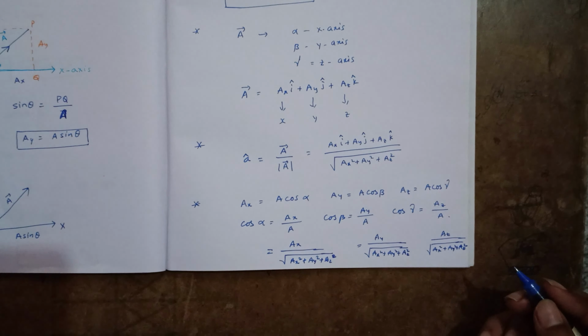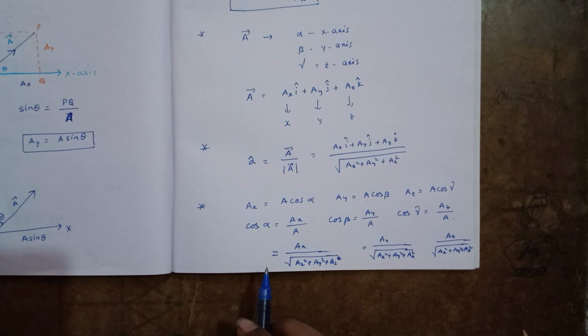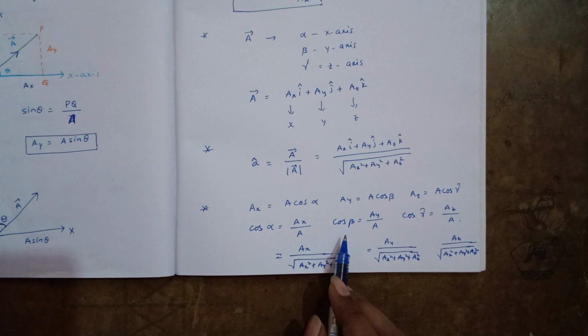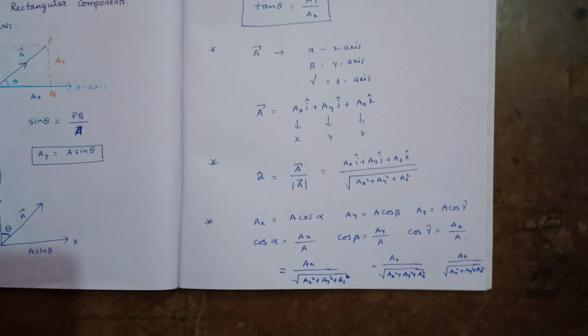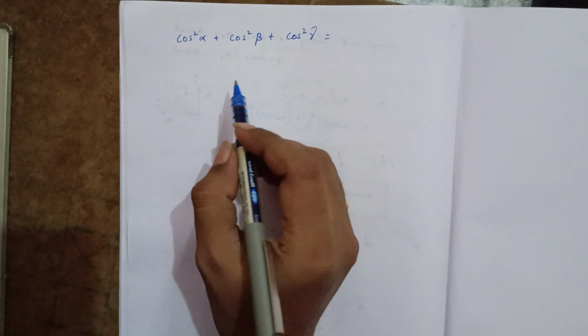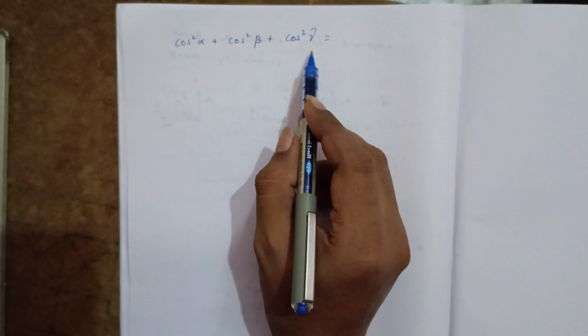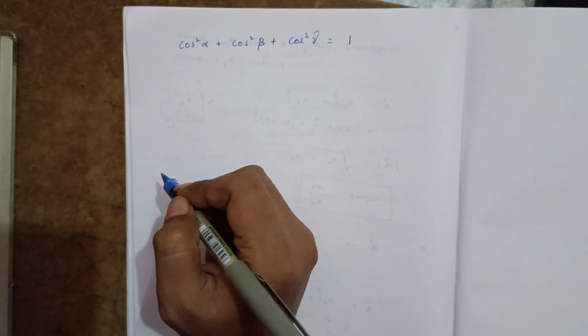Okay. Now from these cos alpha, cos beta, cos gamma, consider cos square alpha plus cos square beta plus cos square gamma, which we can take as equal to 1.